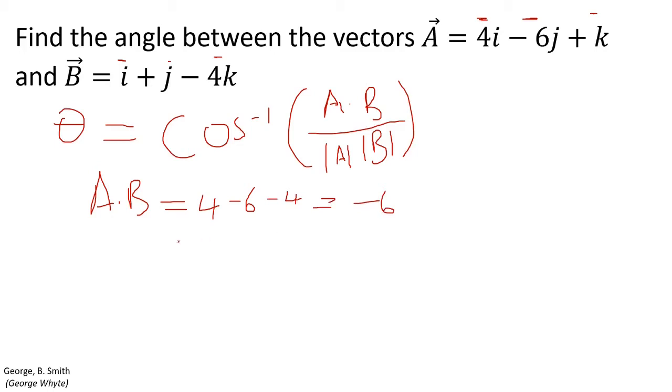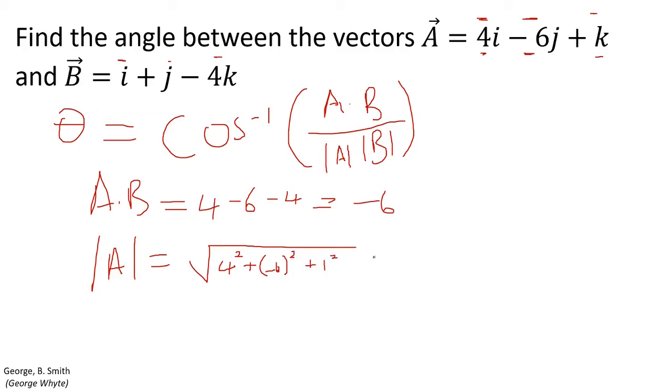Next we need to find the magnitude of a and the magnitude of b. Remember how we get the magnitude of a vector: you take the square root of each component squared. I pick the x component and square 4, the y component, which is minus 6, and square it, and then the z component, which is 1, and square 1.